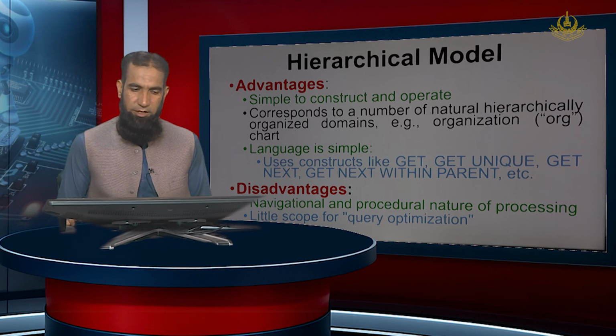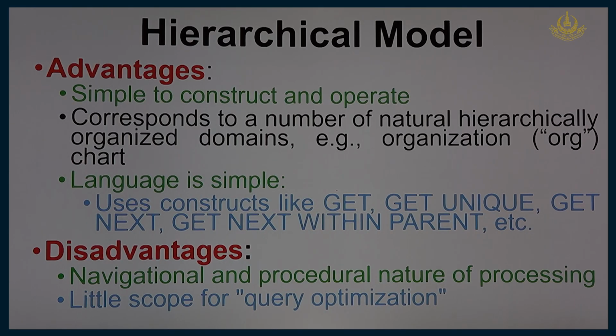Then the second model is the hierarchical model. The hierarchical model is a simple model like an organizational hierarchy that can be used with multiple parents and multiple children. It's simple to construct and operate. Its language is also simple.